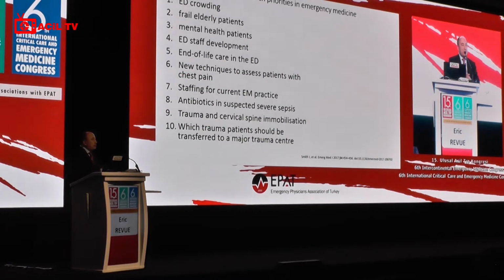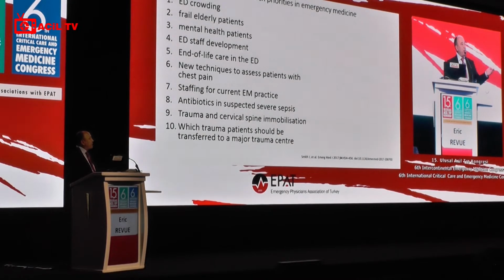So it's the example of the top 10 research priorities in emergency medicine. It's not a surprise, overcrowding is one of the top because that's the main problem that we have. Maybe a lot of colleagues everywhere in the world are working on that. Maybe elderly patients. Of course, we do have a lot of elderly patients in our emergency departments, and we have to fix that and have a new concept, new organization.